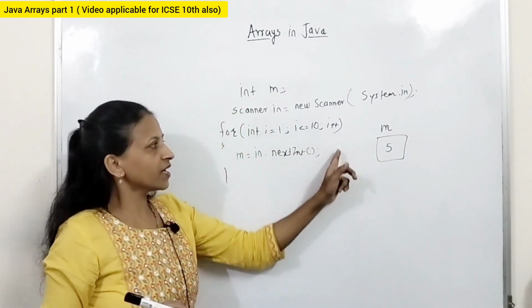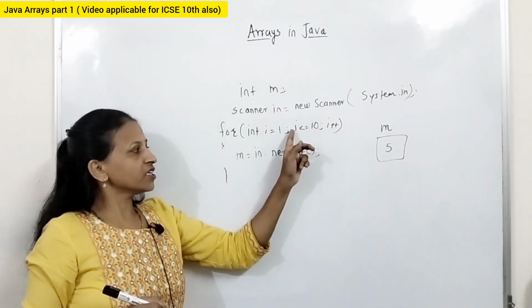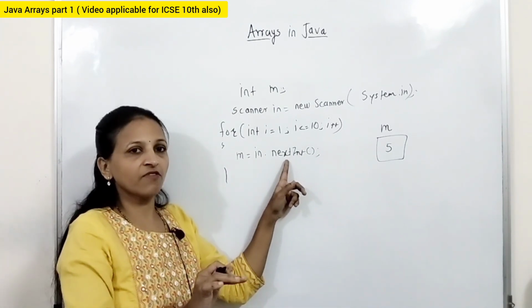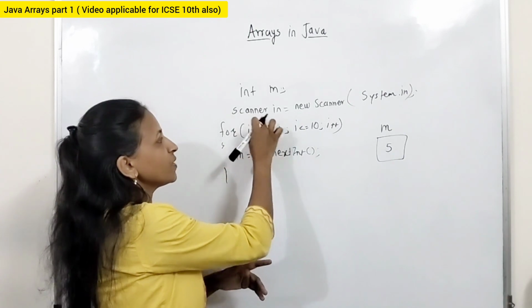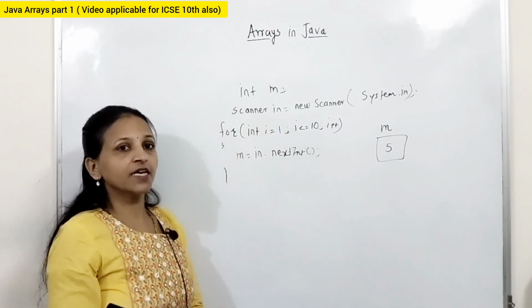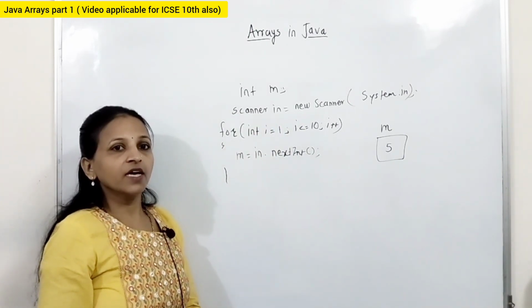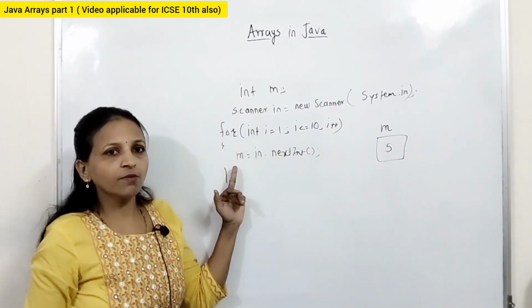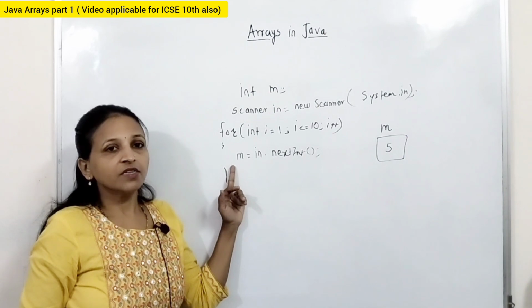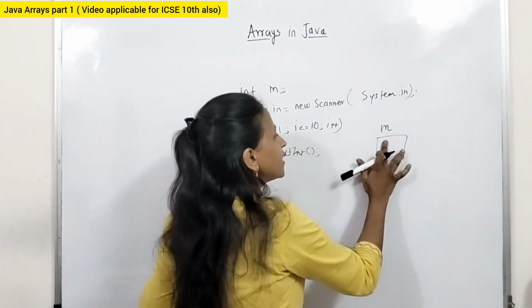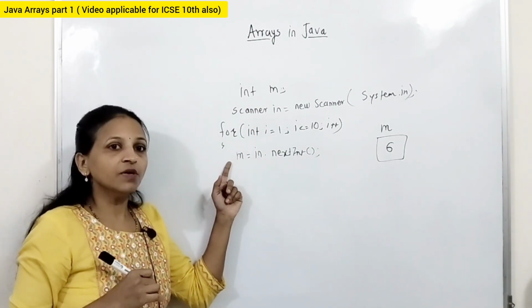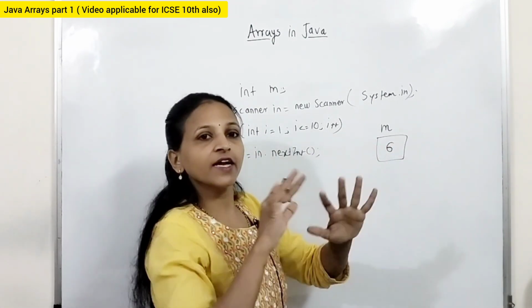Again i will be 2, again the condition is true, again control will come inside, and suppose the user again enters one value. Here we will give a message to the user like enter any 10 numbers. Now again the user will enter some other value, and again I am storing that inside here. Then the next value will again be stored inside m, which means the old value will get replaced.